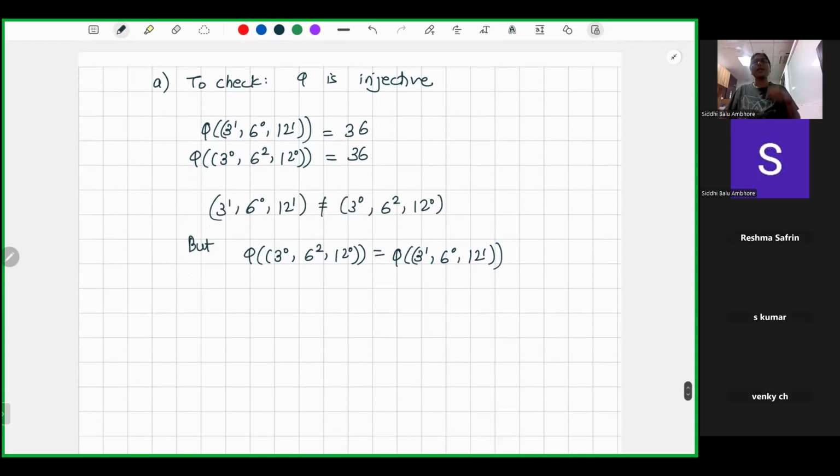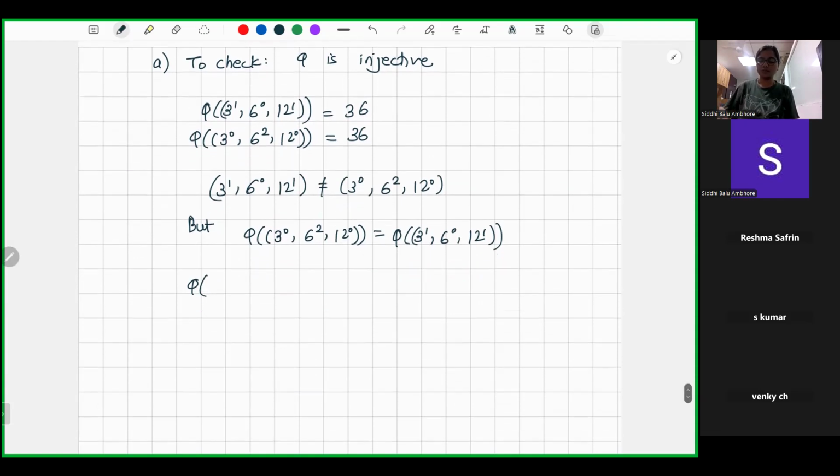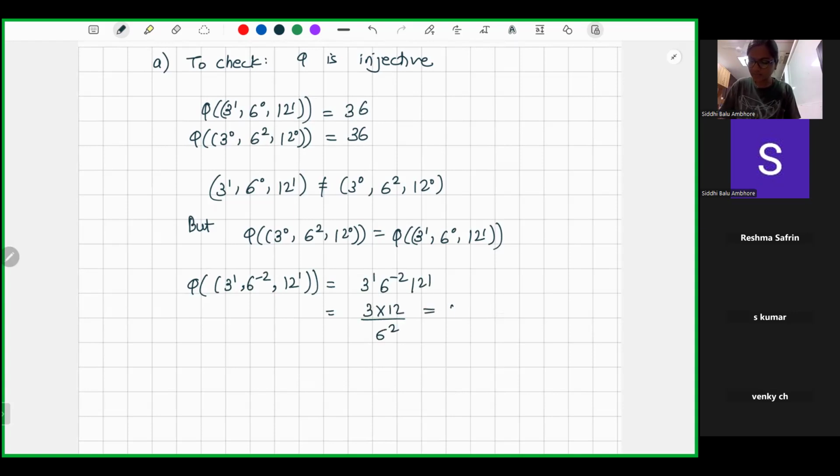And if you want to see it as some element belonging to the kernel or not, in that case you can write this element. These two are equal, so we want to choose the inverse of one of them. So we can have 3 power 1, 6 power minus 2, 12 power 1, which is 3 into 12 by 6 square, and this is 1, which is my identity in Q star.